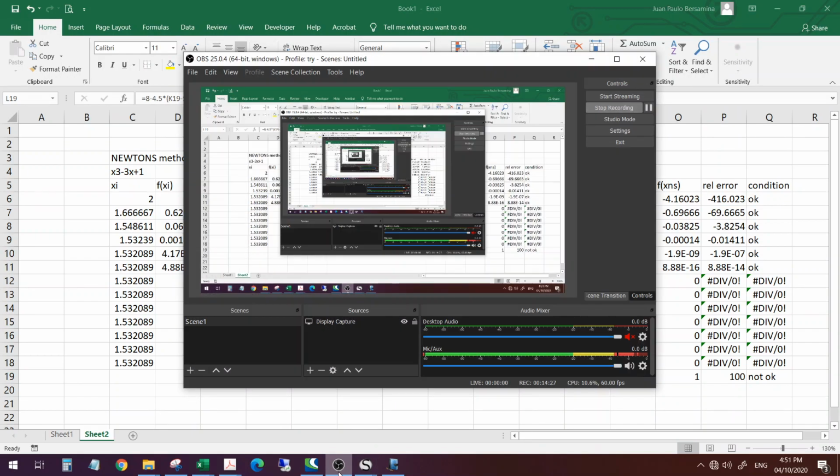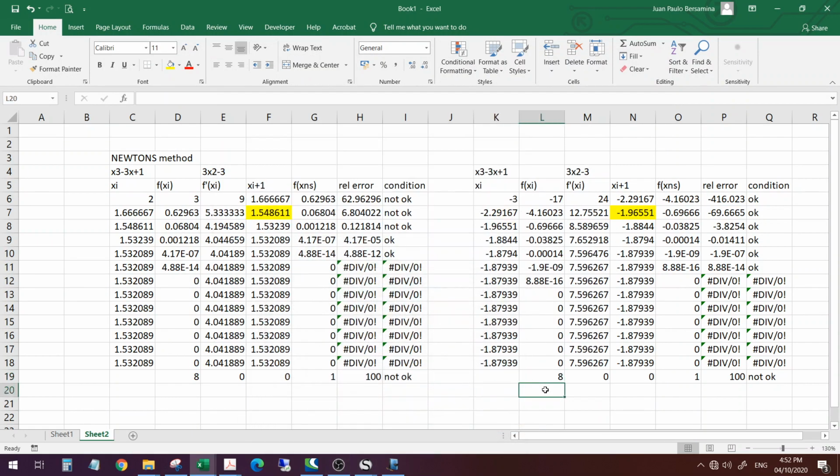Okay, so for the other 2 roots, we will be using Newton's method. So x cubed minus 3x plus 1, xi plus 1, as discussed before for the formula of xi plus 1.